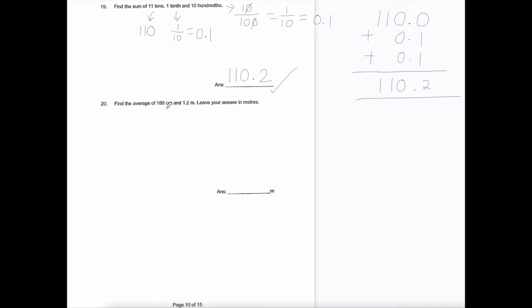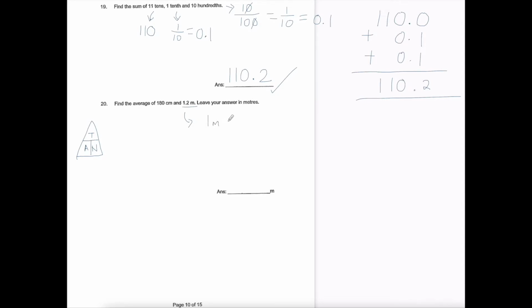Let's move on. Find the average of 108 cm, 180 cm, and 101.2 meters. Leave your answer in meters. So because finding average requires us to sometimes divide, I'm going to change this 1.2 meters to cm.